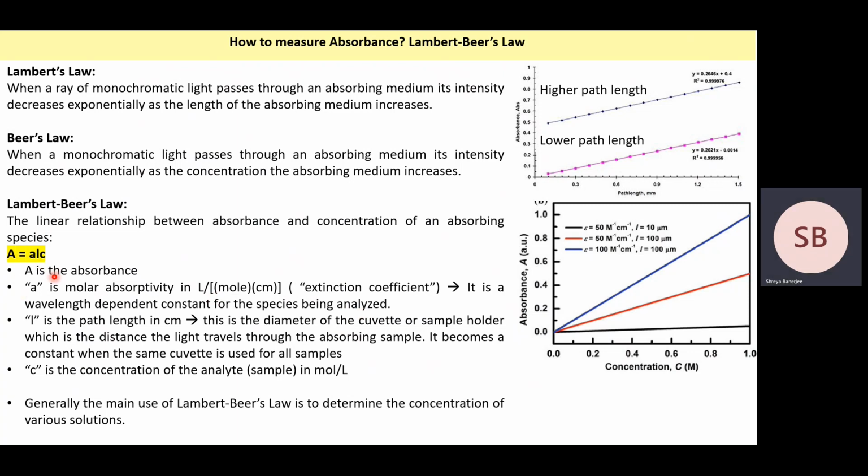L is the path length in centimeter, and it is usually the diameter of the cuvette or sample holder. So it is the same if the same cuvette is used. C is the concentration of the sample in mole per liter. So basically, if you plot absorbance with concentration, then a straight line is observed with intercept at 0 and slope equal to A into L.